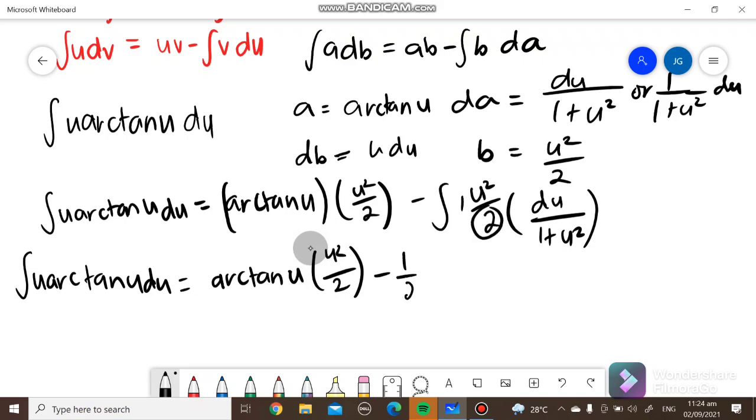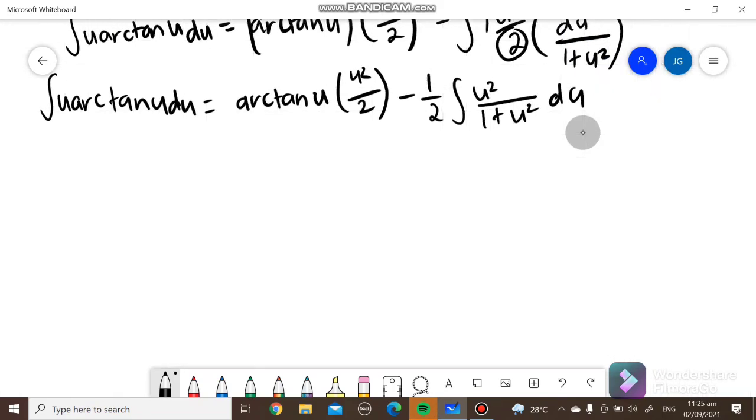So, we will have 1/2 the integral of u squared all over 1 plus u squared du. So, ang nangyari dito is simplify ko na siya by just multiplying the numerator with the du and then the denominator, which is 1, with 1 plus u squared. Kaya, naging ganyan. So, the trick here is that etong part na to, parang complicated siya.